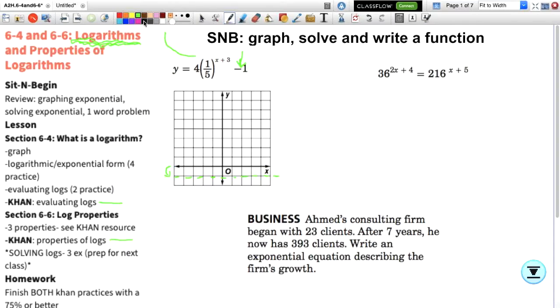Now, in order to actually graph my function, I need to make a table. I'm going to do 3 points on this table. I'm going to choose 3 values that give me -1 up top here, one that's going to give me 0 up here, and then one that's going to give me a +1 up here in the exponent. So if I want x plus 3 to equal -1, at -3 minus 3, my x value would have to be -4.